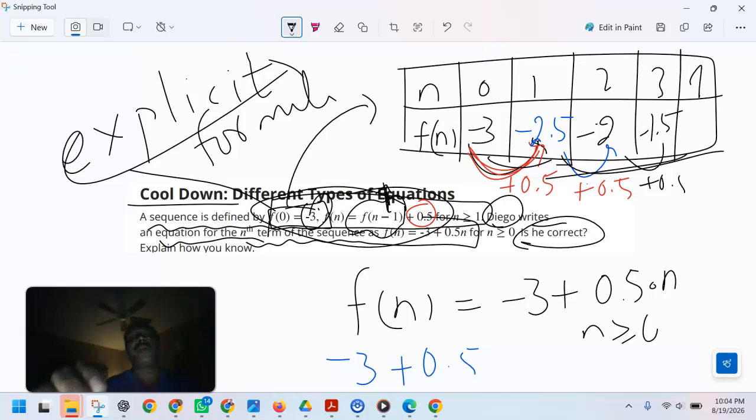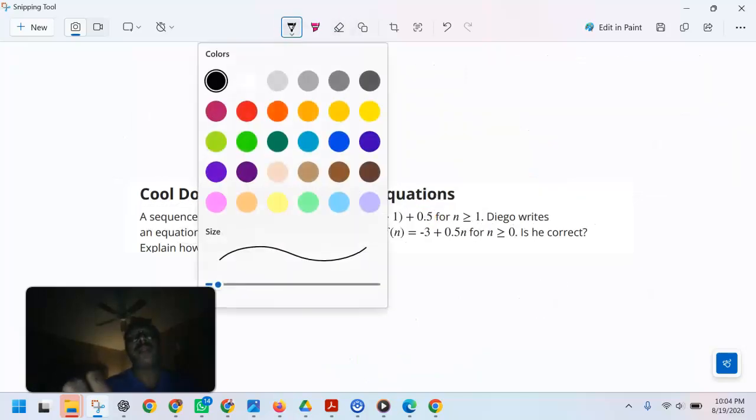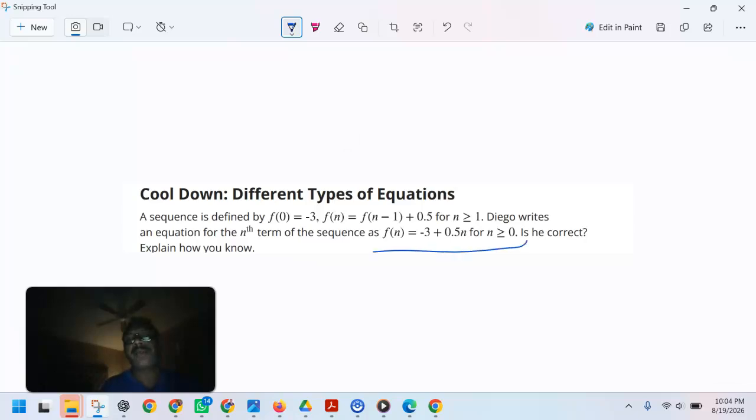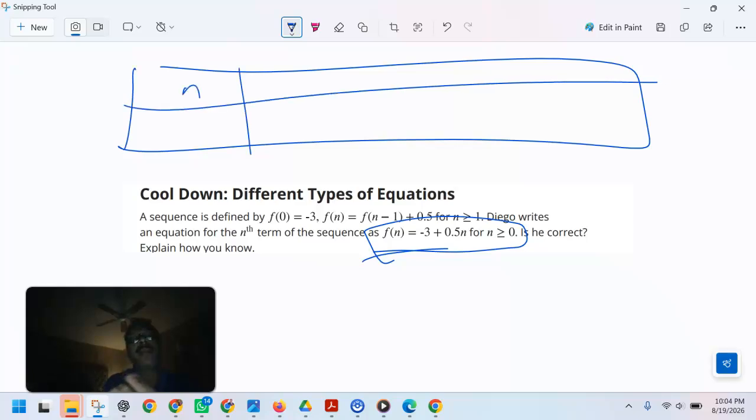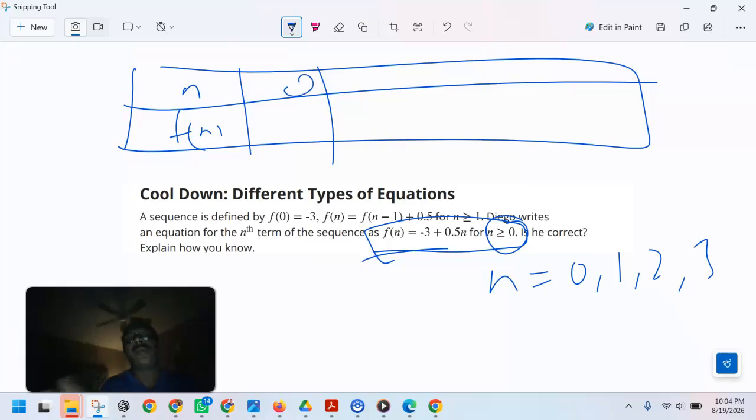So this is how you get the first one using the explicit formula. But the question is, is the other guy correct? So if you see the next one, is this correct? What does this mean? It's the same thing. You have a table, n and f. n is 0, 1, 2, 3, and 4. And what this means is in the beginning it was minus 3.